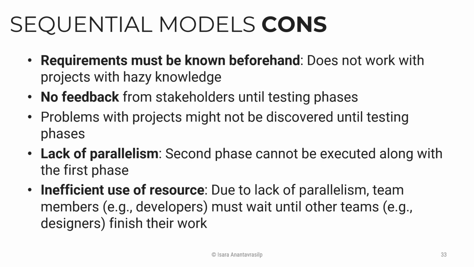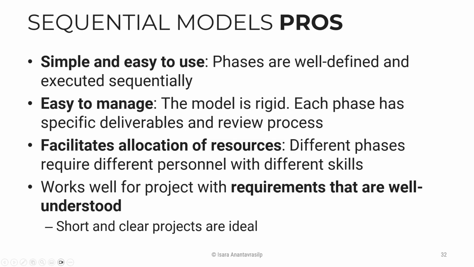What it means is that if you are in phase 1, phase 2 cannot begin yet, phase 3 cannot begin yet. You cannot do anything together. Let's just come back to this. In the pros, we say that the sequential model facilitates allocation of resources because you need different kinds of people at different times. But what if you have two sets of people, system analysts and developers and maybe testers, available at hand?